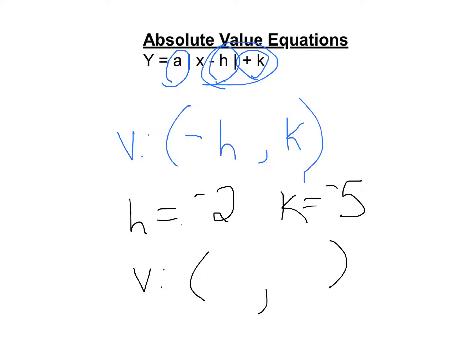If I'm doing the opposite of this, bear with me a second, I'm just learning this new software. So we said it was negative 2. The opposite of this would be positive 2, and this just goes in as negative 5. So that's basically how this is going to work.